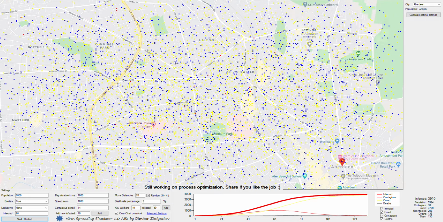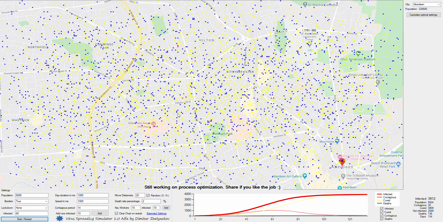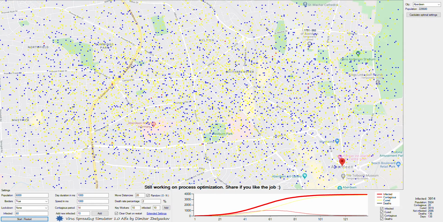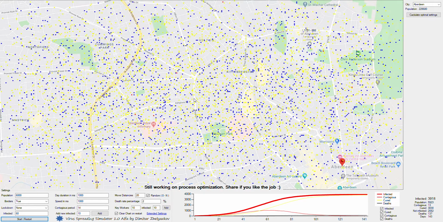In this example, you can see that once the virus disappears, that doesn't mean everybody in the town passed the virus.